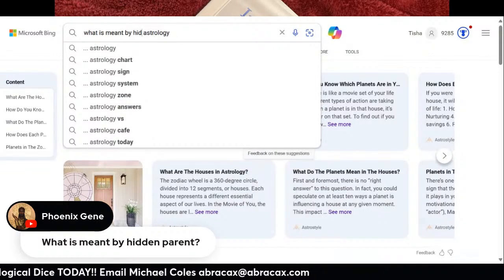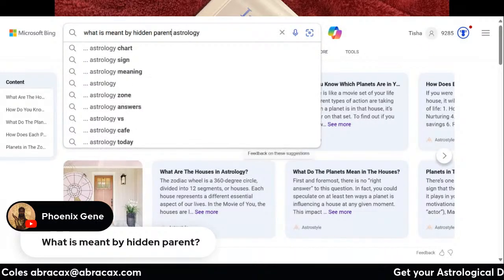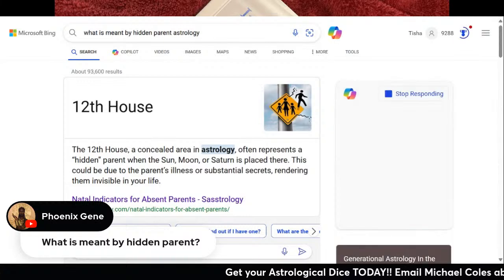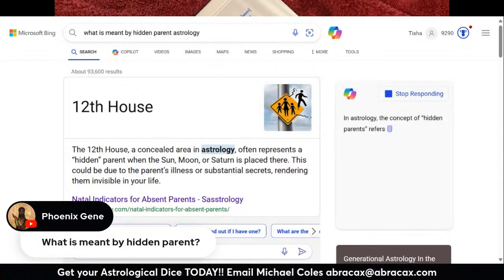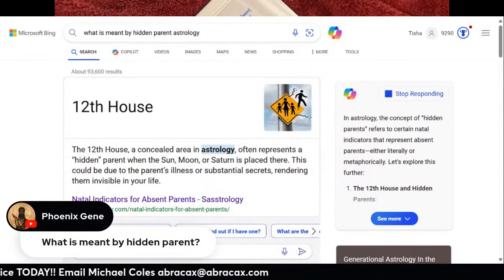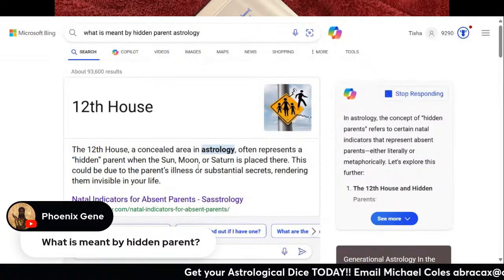We talked about that a little bit earlier today in my other broadcast. The 12th house, a concealed area of astrology, often represents a hidden parent. When the sun, moon, or Saturn is placed there, this could be due to the parent's illness or substantial secrets, rendering them invisible in your life.